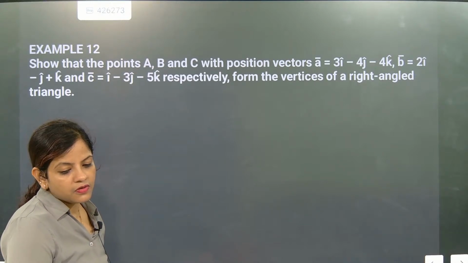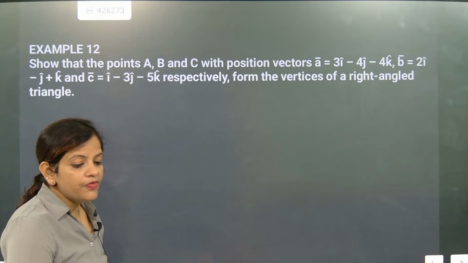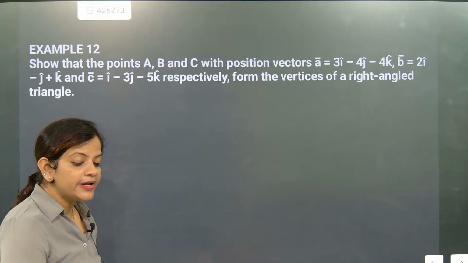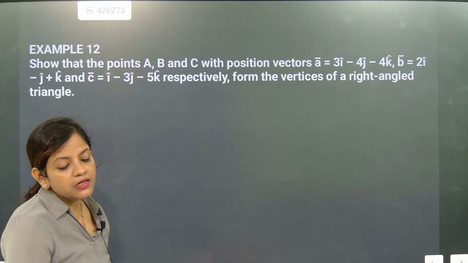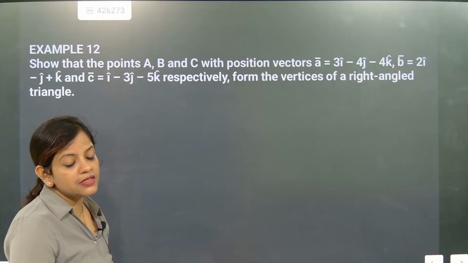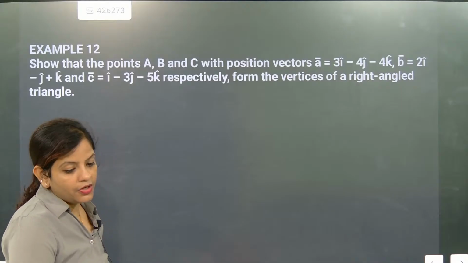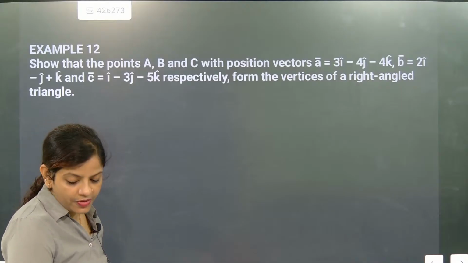You need to prove that it is exactly the vertices of a right angle triangle. See, a right angle triangle means all right angle triangles can follow the Pythagoras theorem. You should just keep that in mind, and you will be able to solve.